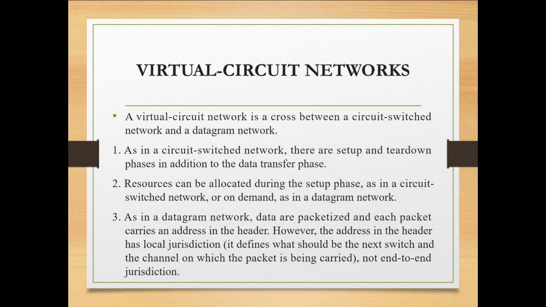Resources can be allocated during the setup phase as in a circuit switch network or on demand as in a datagram network. As in a datagram network, data are packetized and each packet carries an address in the header. Here the address is not the destination address but the address of the next switch.